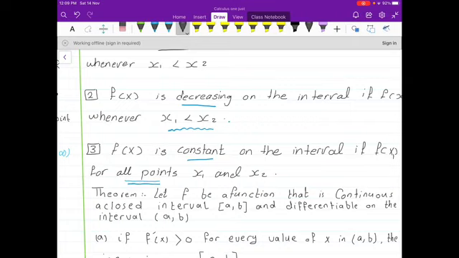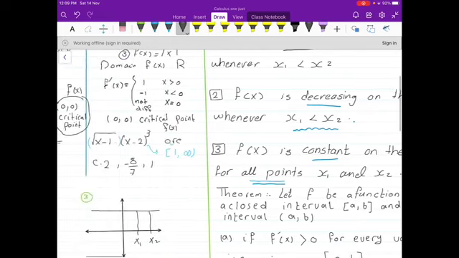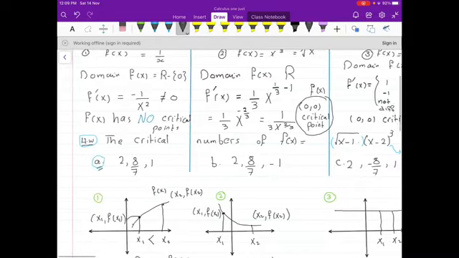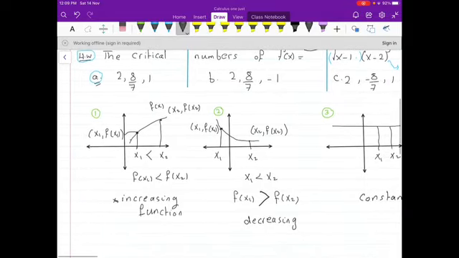Now our question: how to find the intervals of increasing and decreasing for the function. We go back to the graph in graph 1. If we draw the tangent at x1, this is the tangent.